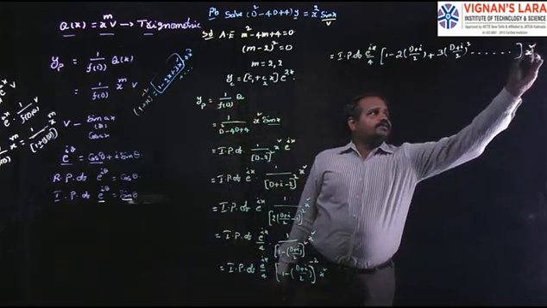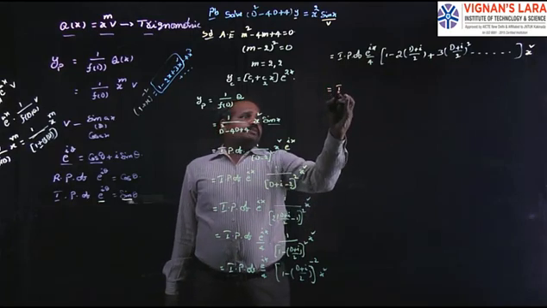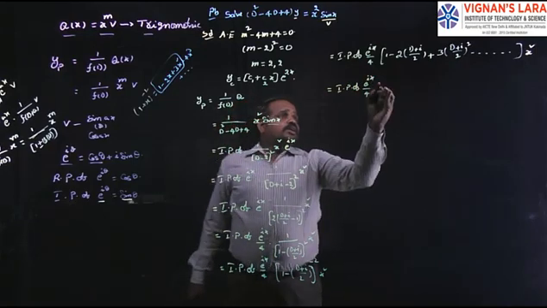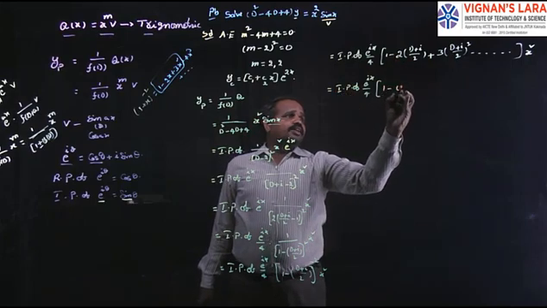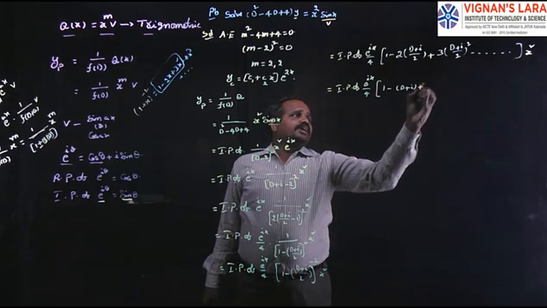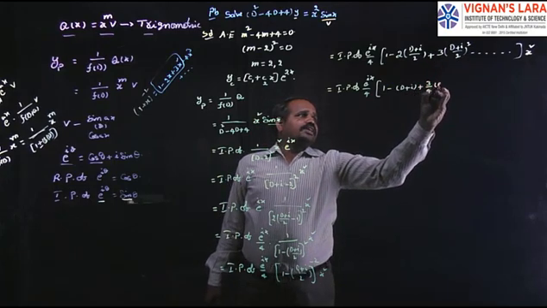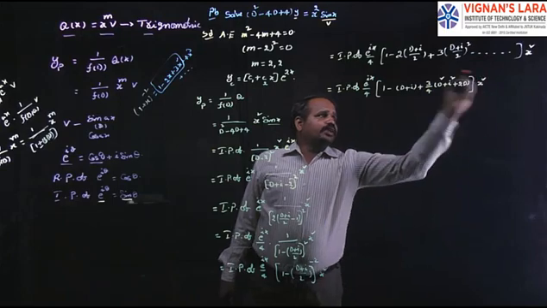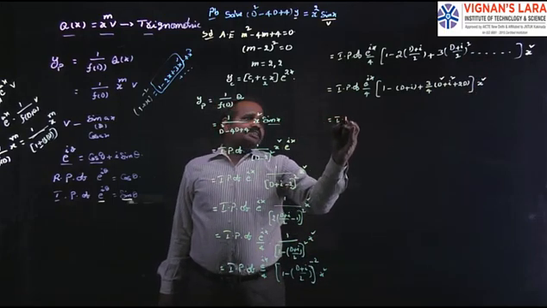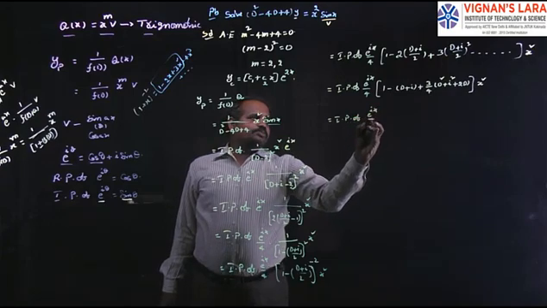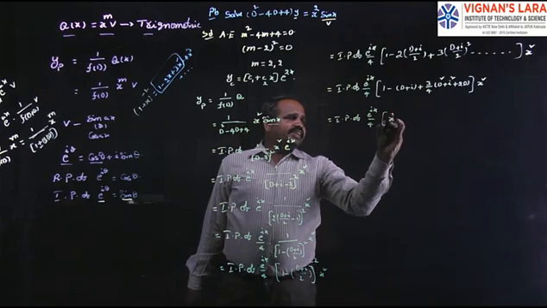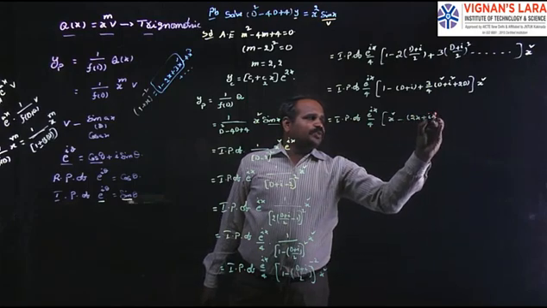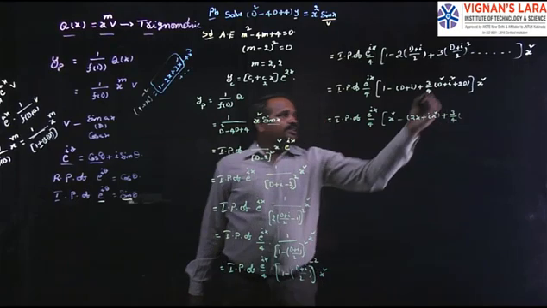Which is equal to x square into, the imaginary part of e power ix by 4 into, 2 getting cancelled, 1 minus (d plus i) plus 2 square value 4, 3 by 4 (d square plus i square plus 2d) into x square, which is equal to the imaginary part of e power ix by 4 into, multiply x square inside, x square minus derivative of x square 2x plus i into x square plus 3 by 4 into second derivative of x square.